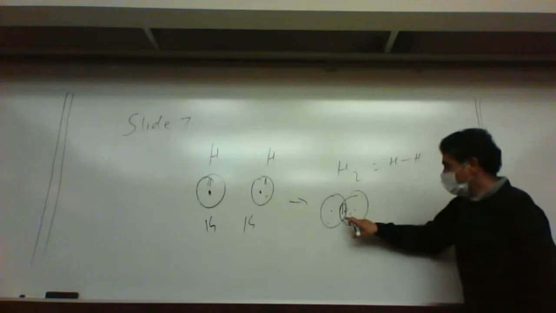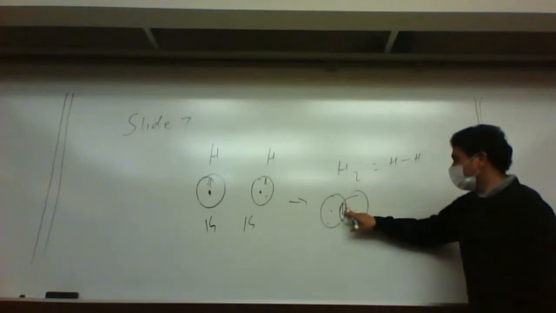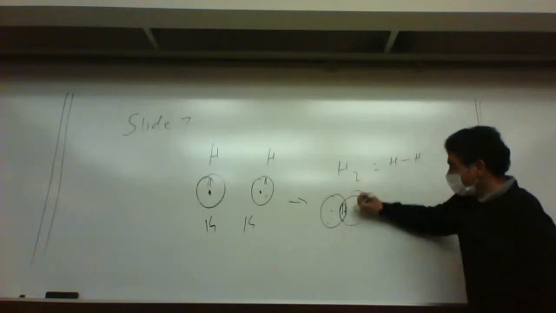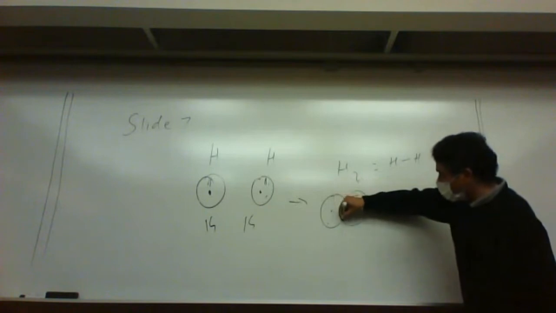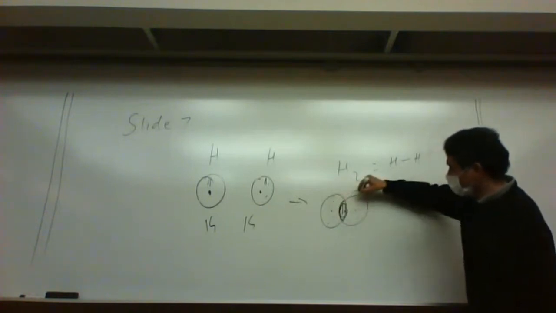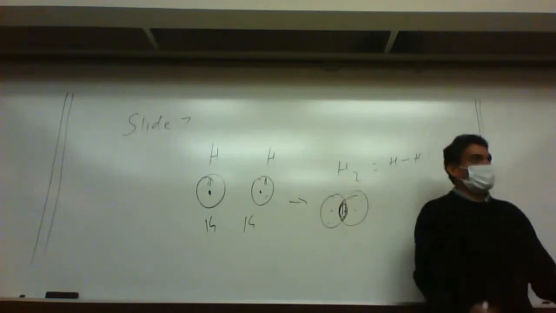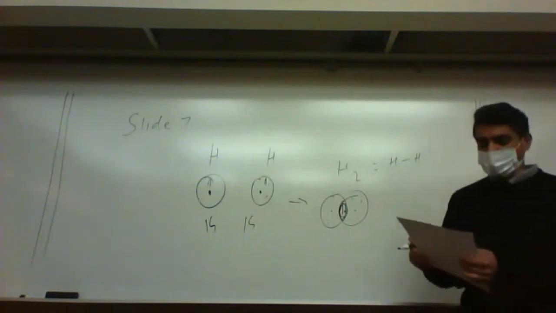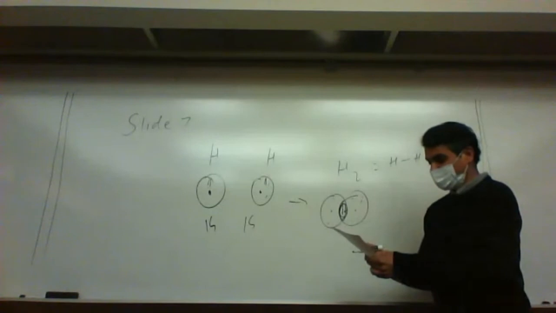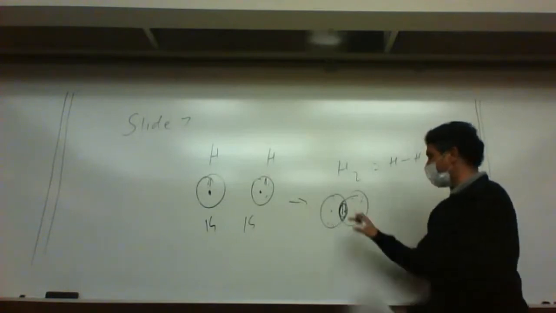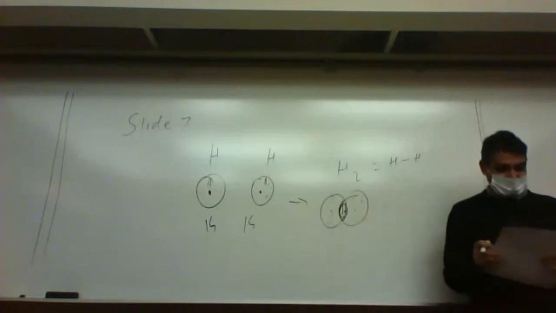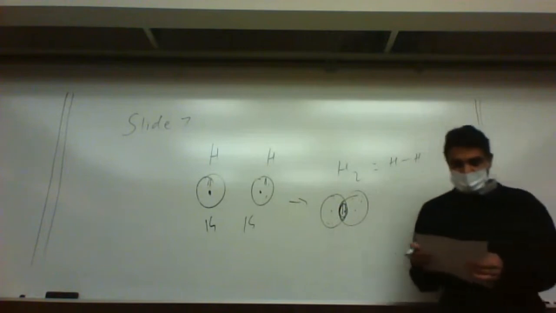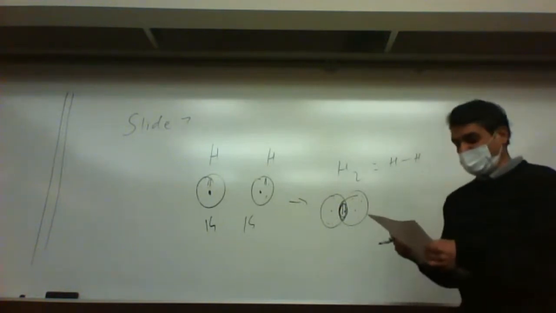So I told you, these two bonding electrons are found in between this space, not everywhere like that. That's what this is telling: the bonding electrons are localized with a higher probability of being found in the region of space between the bonding nuclei. Right here is where those electrons can be found. Both electrons are simultaneously associated with both nuclei.